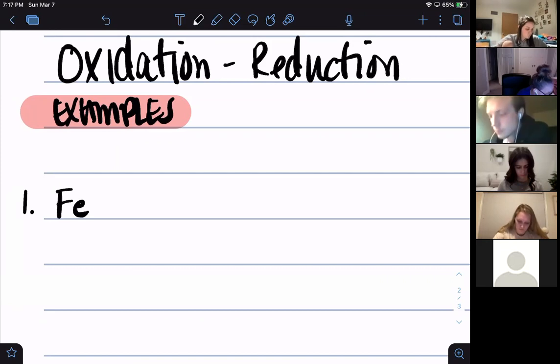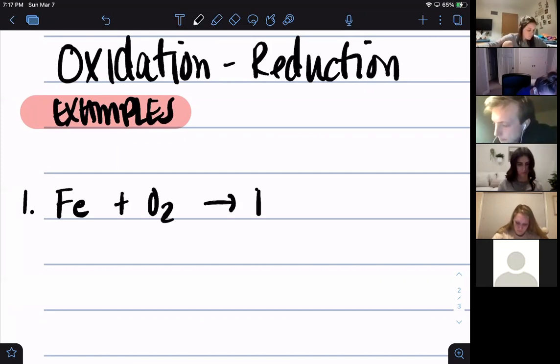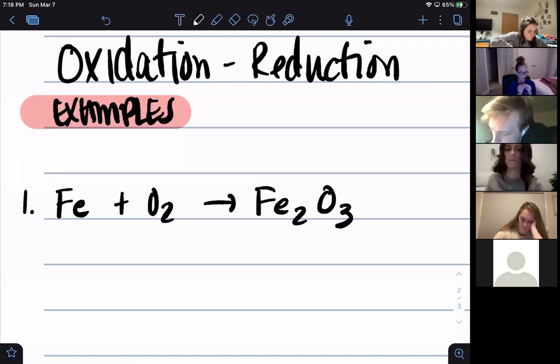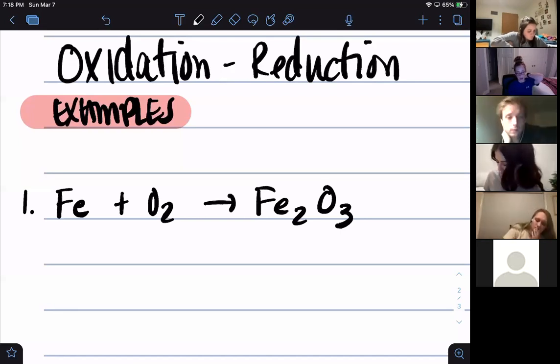This is the first one I was talking about. So we have Fe plus O2 yields Fe2O3. In this case, this one is really tricky for students to see what's going on, because we're like, well, what is happening here? What's doing what? I strictly have oxygen here, and then I only have iron.